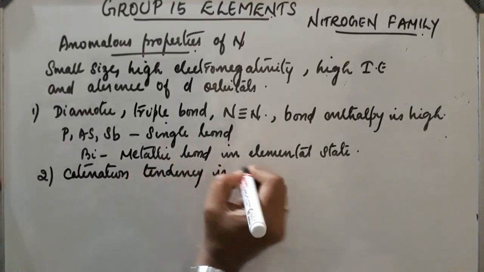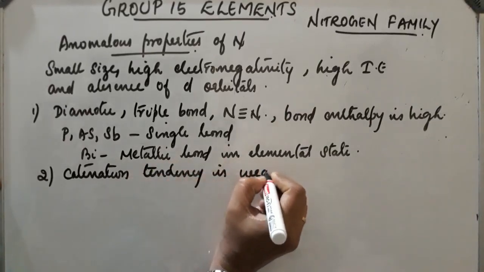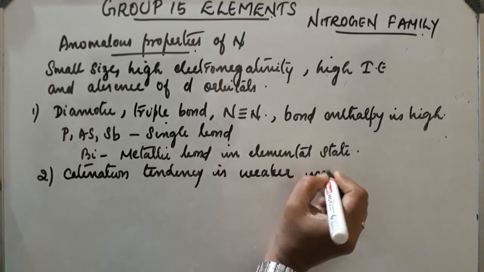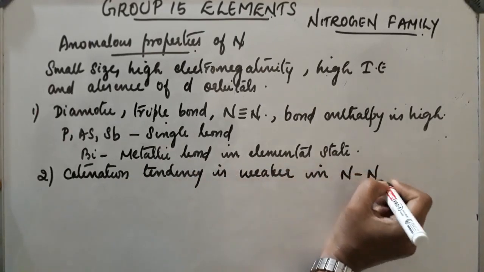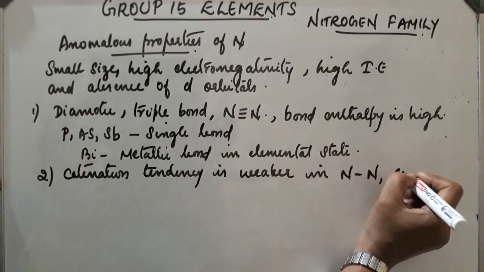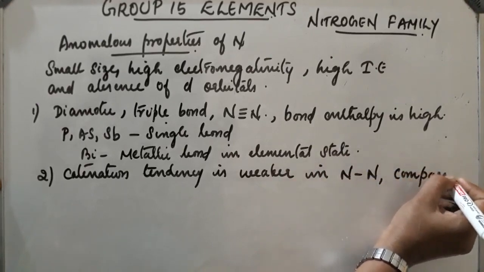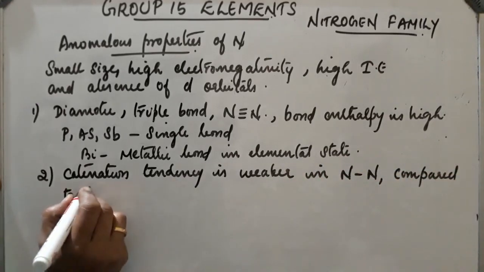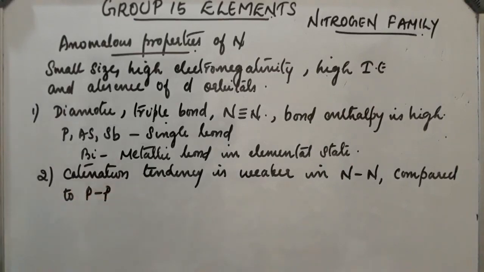Catenation tendency is weaker in N single bond N compared to P single bond P.